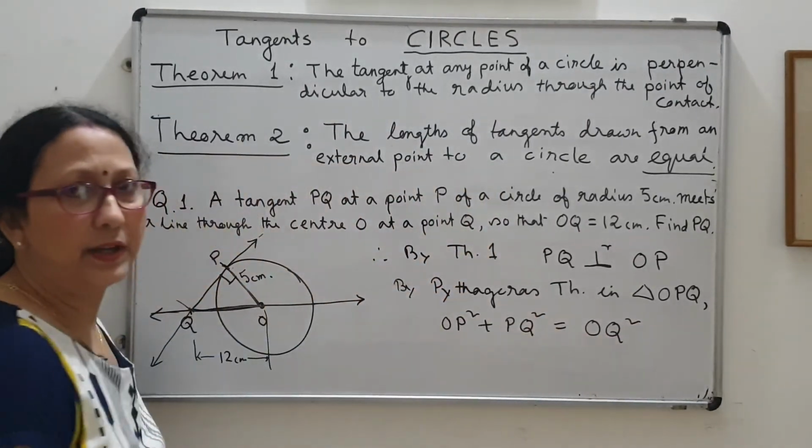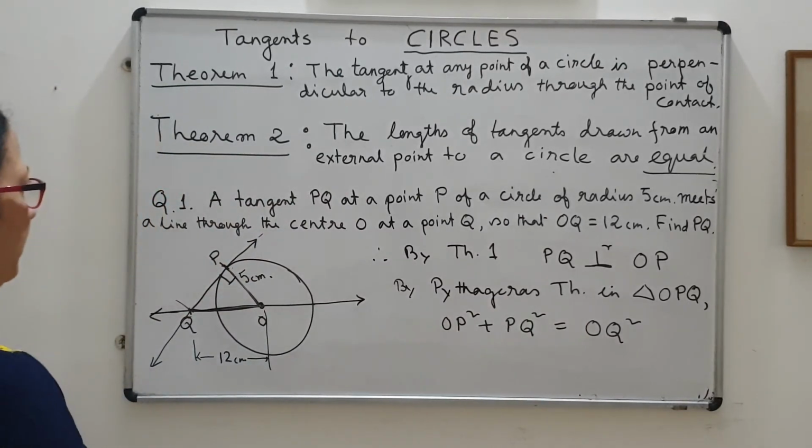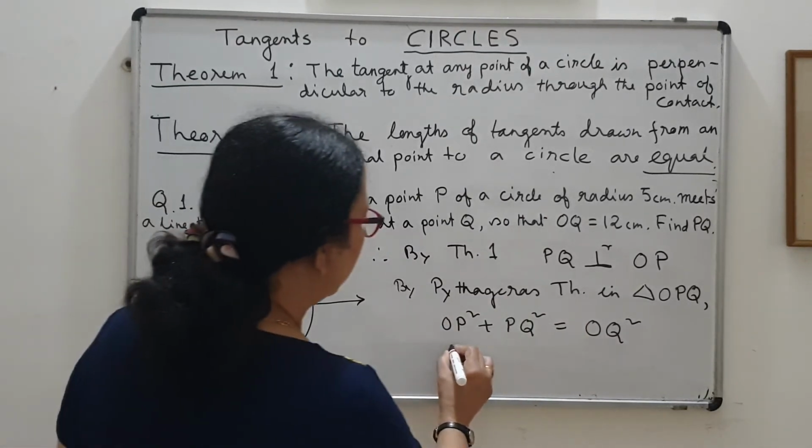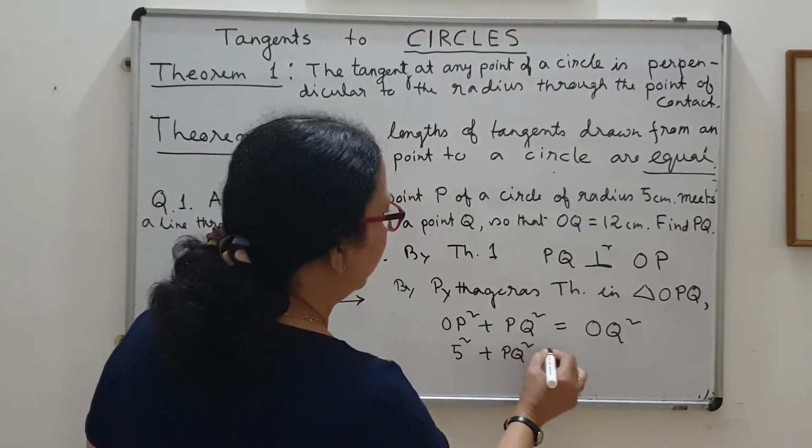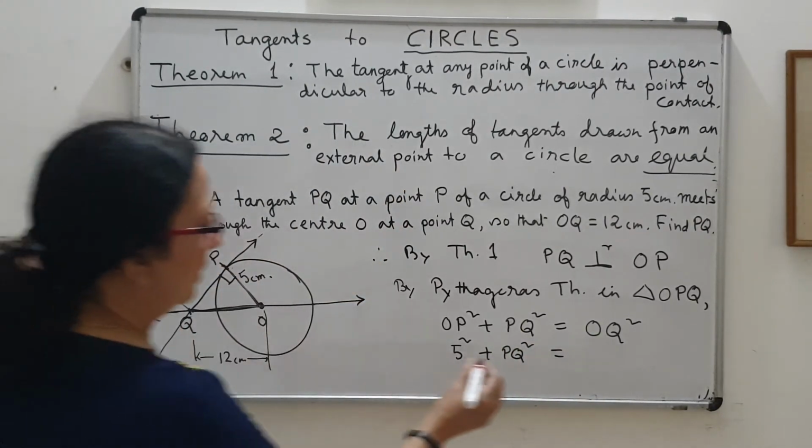Now simply put the values. OP is 5, so 5 square plus PQ square, PQ I have to find out, and OQ is 12 square.